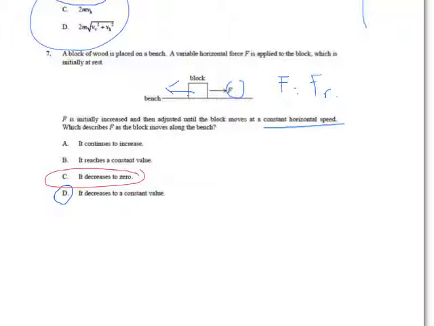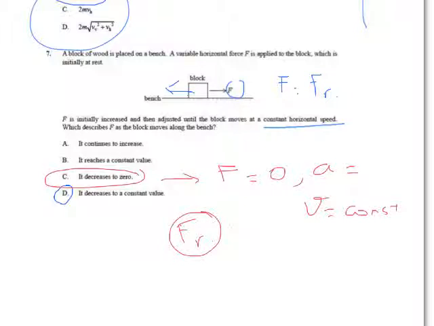If you have assumed that there is no friction, then the correct answer would be C, because that would mean that force is 0 and acceleration is 0 and velocity is constant. It's the same idea, but assuming that friction does in fact exist. We're conditioned in these questions to always look for that information in the question, so it's a bit unfair. So I've given credit to both of those answers.